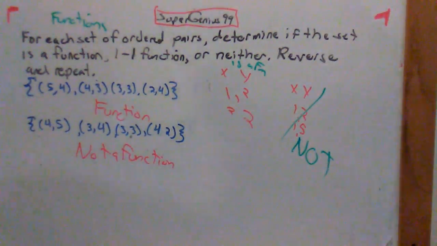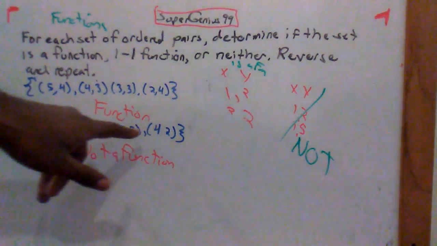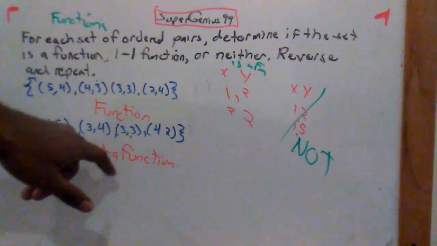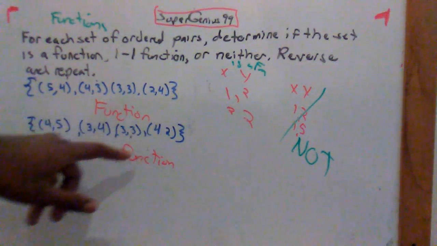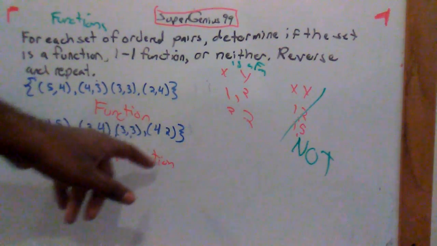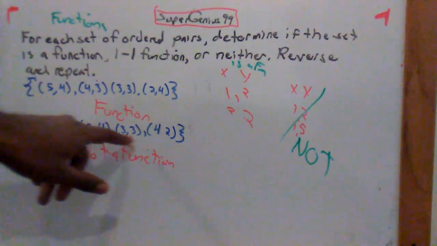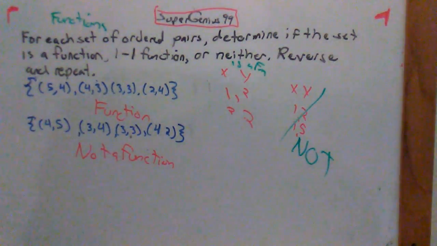Why? Because you have the same x's, 4 and 4. They give you two different y's, 5 and 2. And then here you got 3 and 3. They produce a 4 and a 3. So this is not a function.